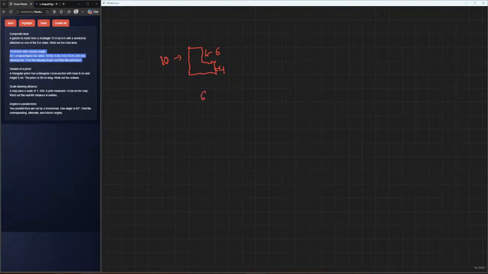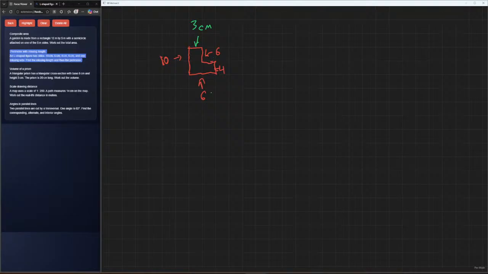Then one side is 6, maybe this one probably. But probably this one can be taller, right? But in case, because we're missing this side here, it won't really matter, as this side is this side, you know? So this one can be 3 centimeter.